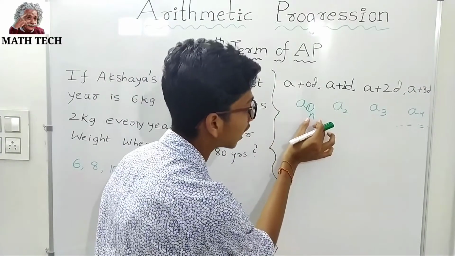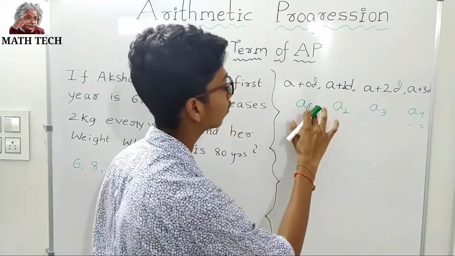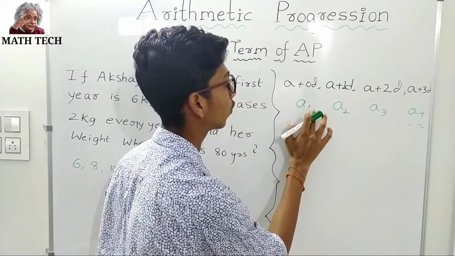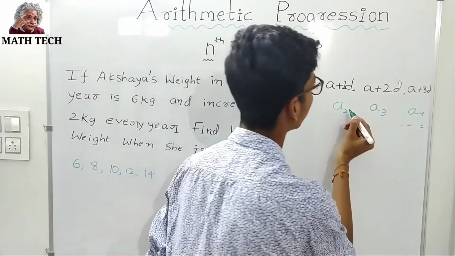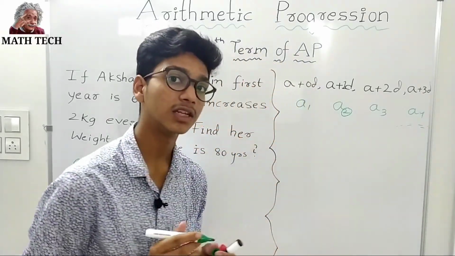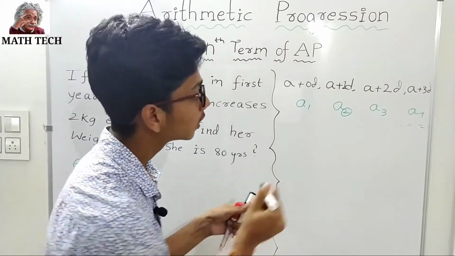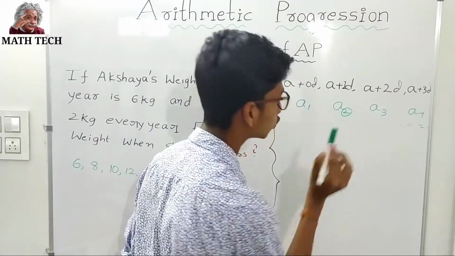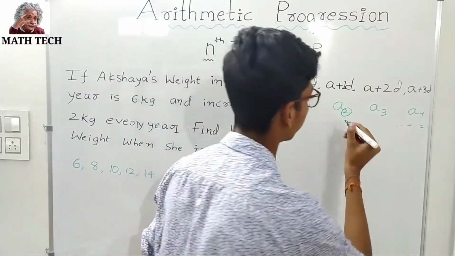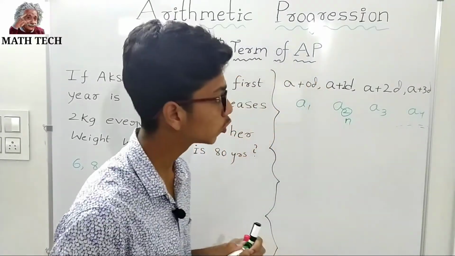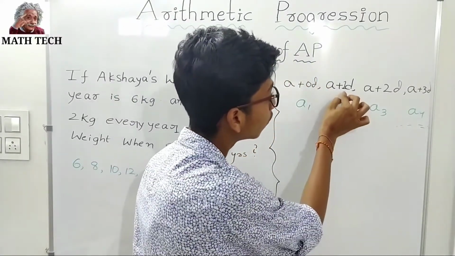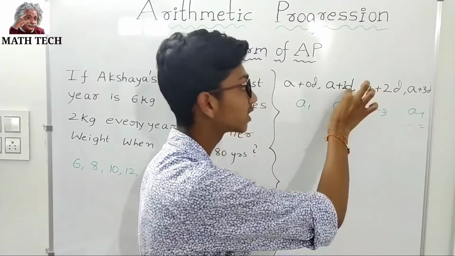Let's assume we want to find the second term. So the second term is the nth term for us. Here the second term is 2, that is n is 2, and here we have 1, that is n minus 1.